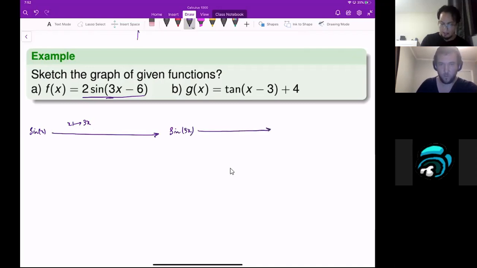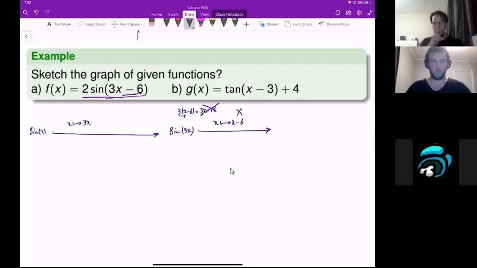Now I notice that there is this minus 6. I can generate that minus 6 not by replacing x by x minus 6. This is not right. The reason is that if I put x minus 6 there, there's a 3 multiplied by that, and then that would be 3x minus 18. This is something I don't want.